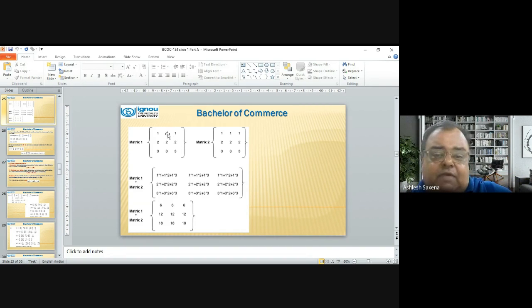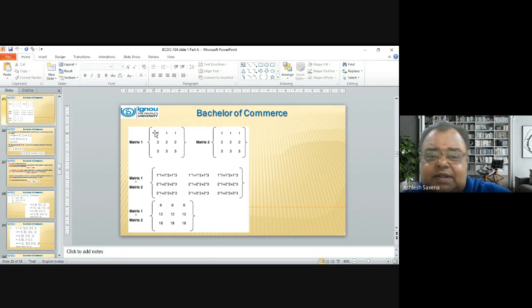We will start from here. We will move it like this and we will be multiplying with this. You can remember this way. Move in here, reach over here, come down. Move here, come to this part, come down. For the third one, move this way, come over here, come down. 1 into 1 plus 1 into 2 plus 1 into 3.